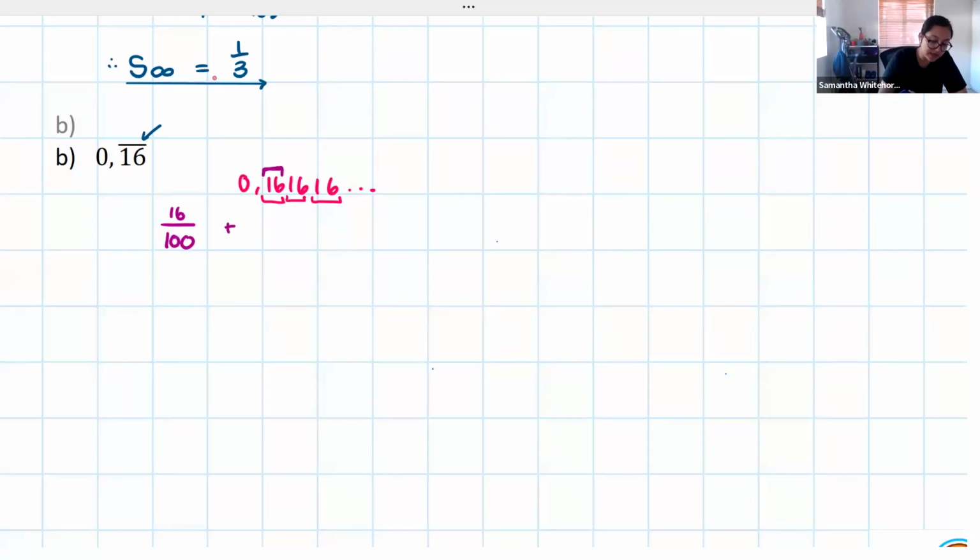If I now go to the next one, so this was the tenths and the hundredths, we've now got the thousandths and the ten-thousandths. So I would have 16 over 10,000. If I put that on my calculator for you, just so that you can see. Obviously now it's going to be in scientific notation, which is not really what I want.